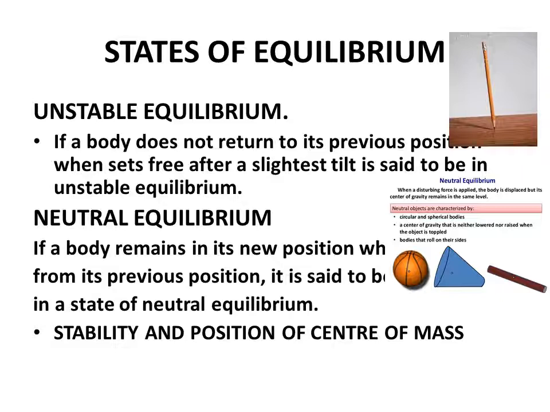Stability and position of the center of mass. As we have learned, the position of the center of mass of an object plays an important role in its stability. To make objects stable, their center of mass must be kept as low as possible.